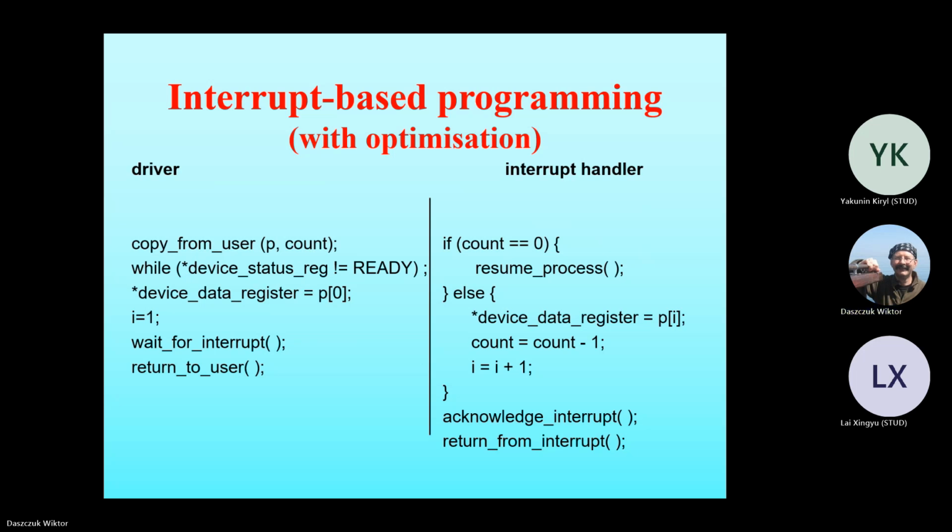And decrement count, increment I, label B, out port 40, anything, and IRET.